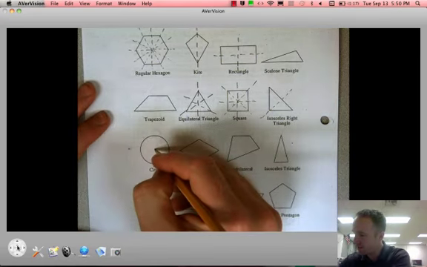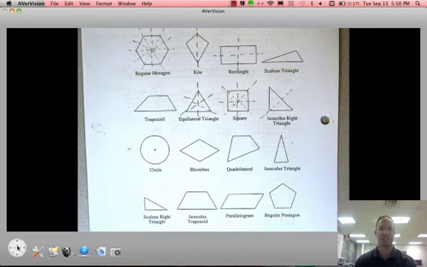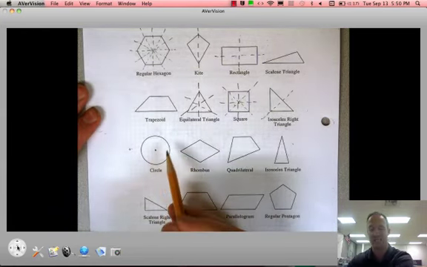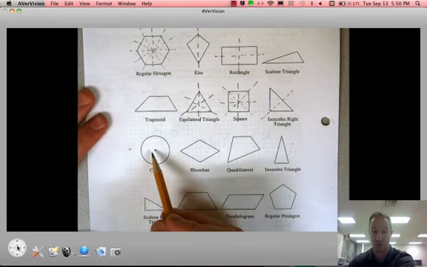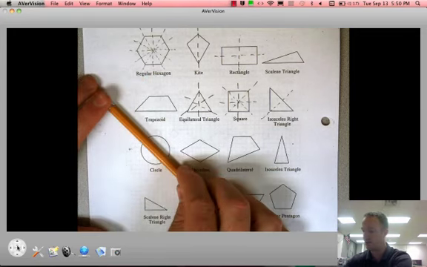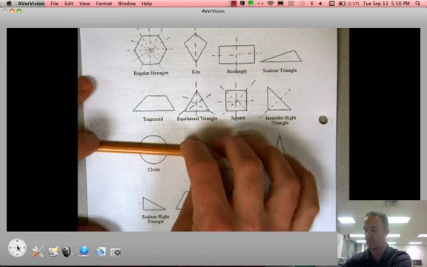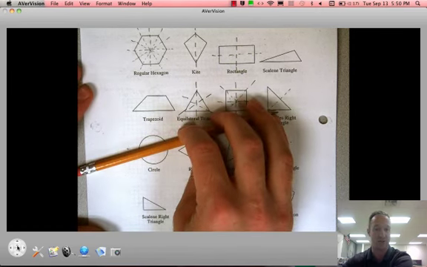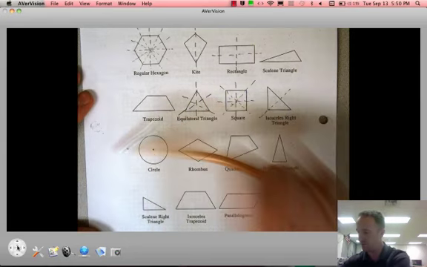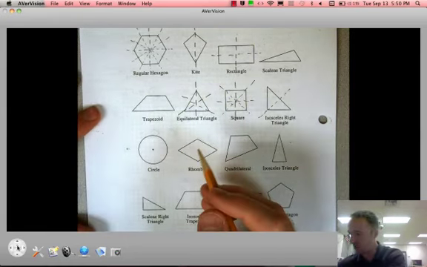The circle is a little odd because there are actually infinitely many lines that we could draw that are lines of reflection for a circle. As long as the line goes through the center of the circle, it's a line of reflection. So we could reflect the circle over that line, over that line, over that line. Any line that goes through the circle, we can reflect the circle over and it would look exactly the same. So how do we want to write that?